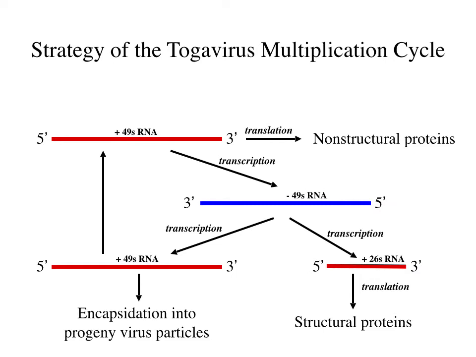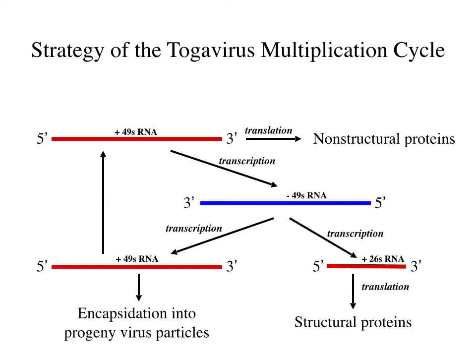Included in these non-structural proteins will be the polymerase, which can then switch the process over to transcription, because ultimately you have to make more RNA if you're going to make progeny virus. So you get a shift when you have a sufficient concentration of non-structural proteins.